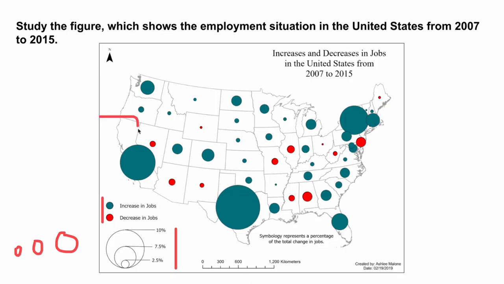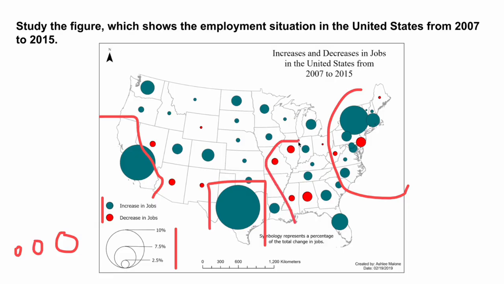So one area you see here is California, Western US, that has a lot of increase, Southern has a lot. This part here, you see the northeastern part of the US has a lot of increase as well. As for a decrease in the number of jobs, you see that mainly in the bottom half of the US here, probably these locations in the southeastern region.